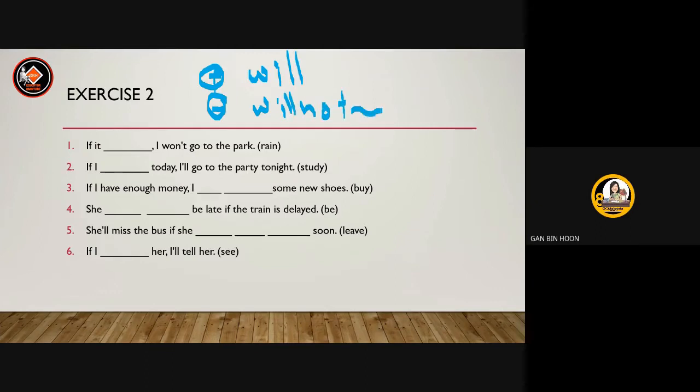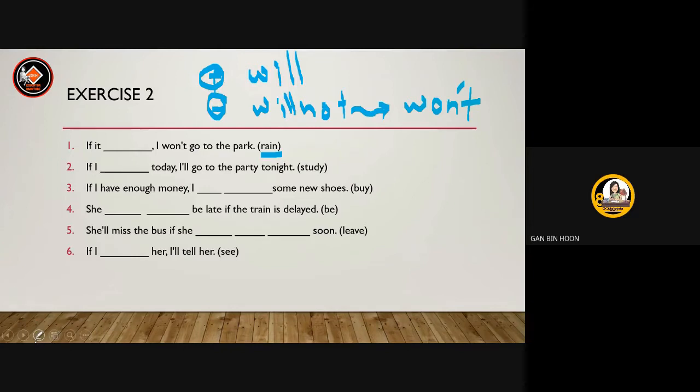So to do contraction for will not, you must change and become won't. Okay, that's example of contraction. So if it, I won't go to the park. So if it, what's the answer? Please write your answer. Take out a piece of paper and then write the answers.